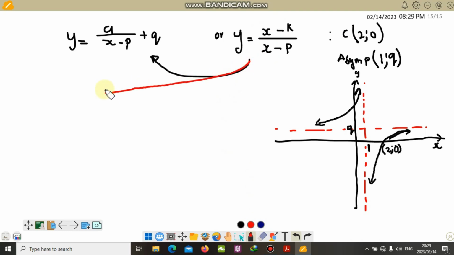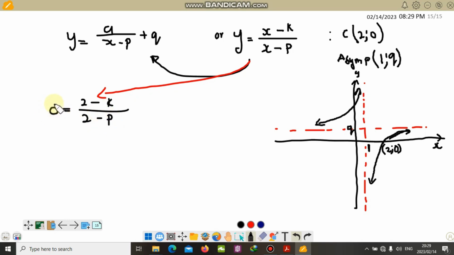So y is 0. 0 is equals to x is 2, 2 minus k, but 2 minus p.